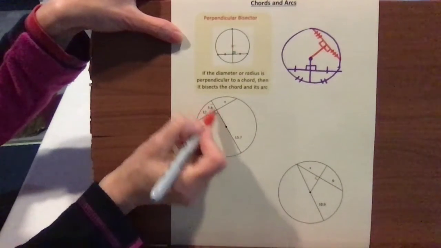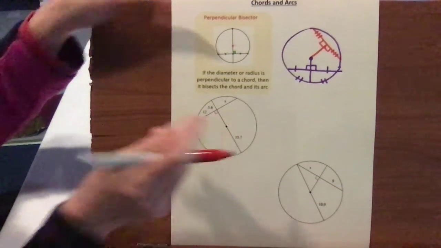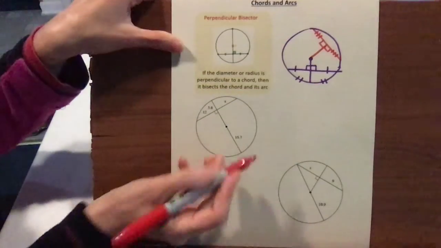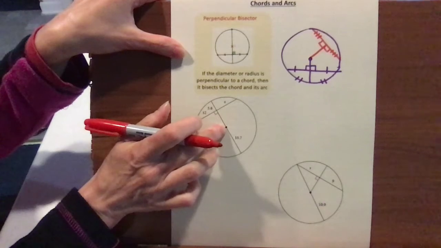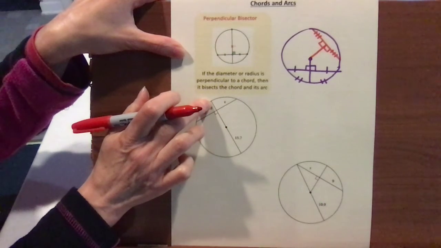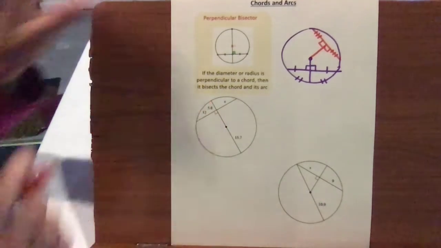We have a diameter right here. It goes through the center of the circle. We can see that it's defined as our center. This is 15.7 on this side, so this is also 15.7 from this point to the endpoint of the line segment on that circle.